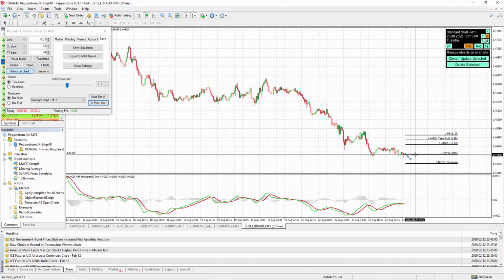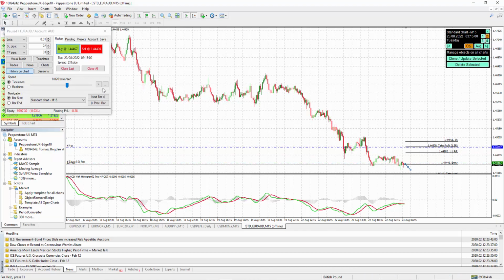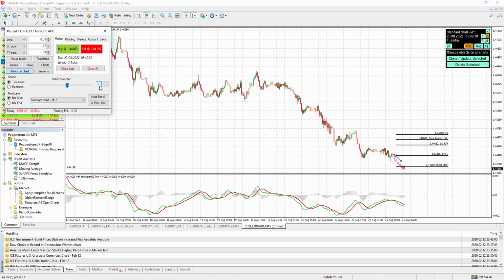So let me measure it. It's about 22 pips stop loss, which means 33 pips take profit. Let's buy and let's see how this works. Okay, very quick loss. Doesn't matter, keeping positive.